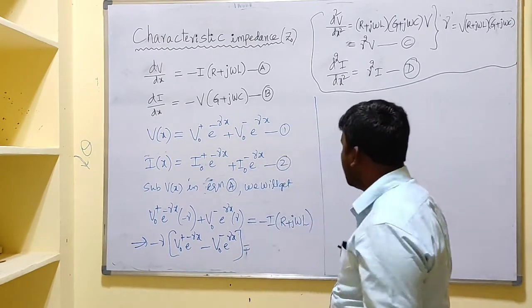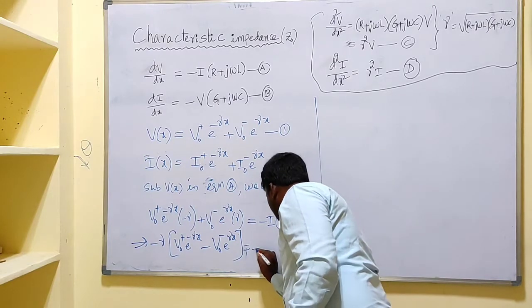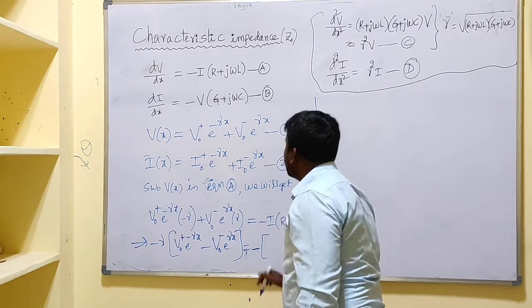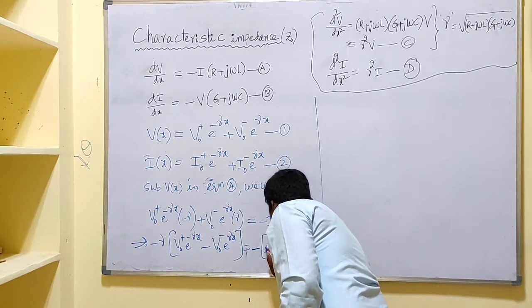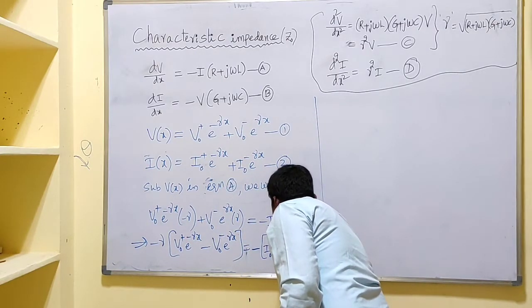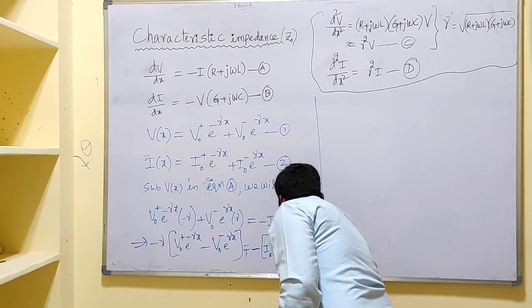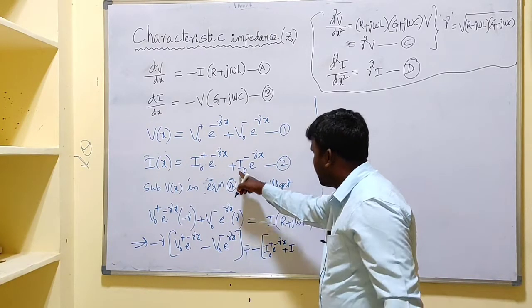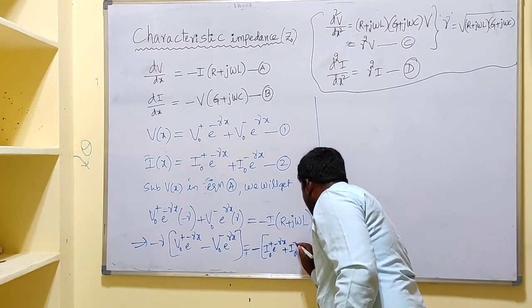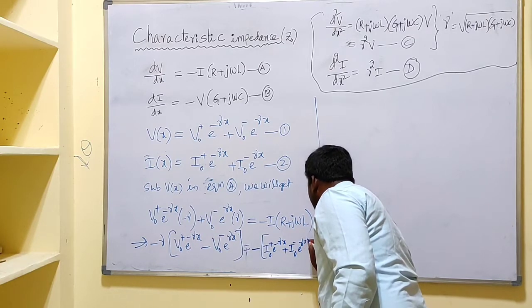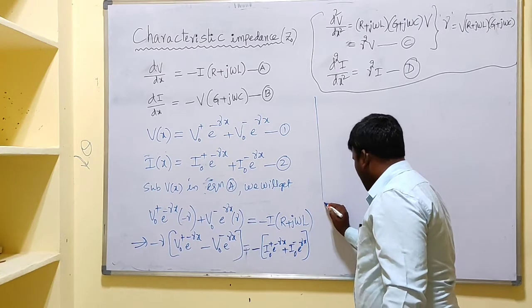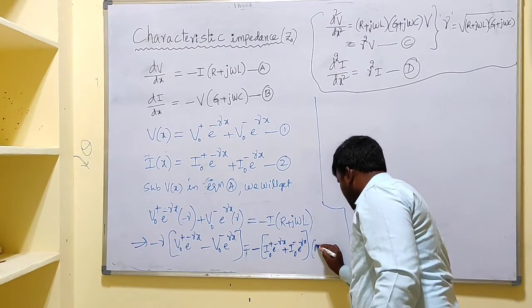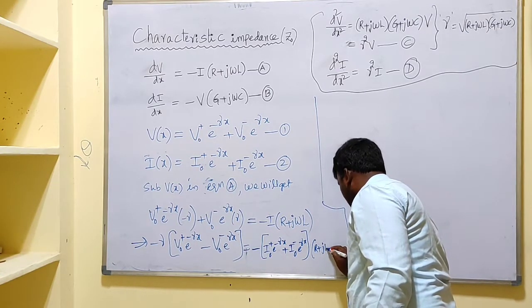From this equation 2, I can be written as I naught plus e to the power minus gamma x, and the second term, that is the reflected current or backward current, is I naught minus e to the power gamma x. This is the expression for I into r plus j omega L. So this can be written like this, that is r plus j omega L.